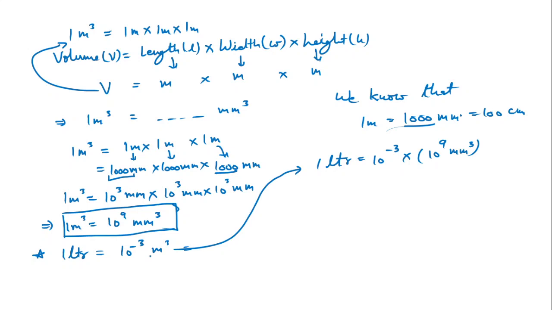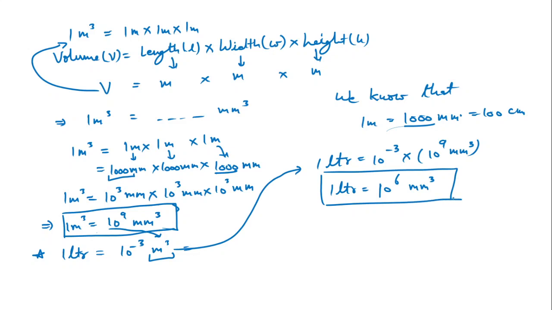We have put the value of meter cube from here. Now we can multiply it, so we get 1 liter is equal to 10 to the power 9 minus 3, that is 6, 10 to the power 6 millimeter cube. So 1 liter is equal to 10 to the power 6 millimeter cube.